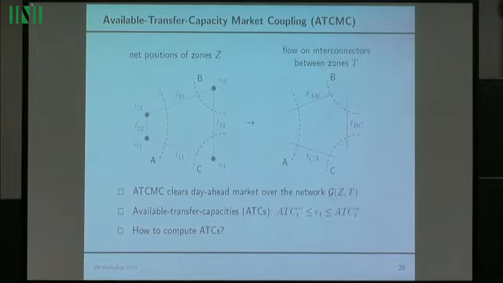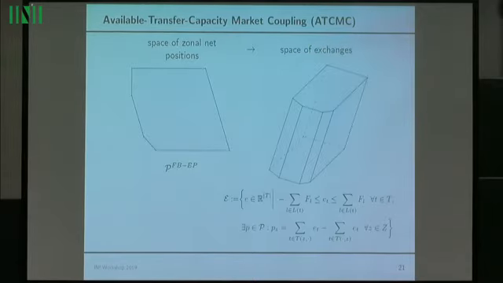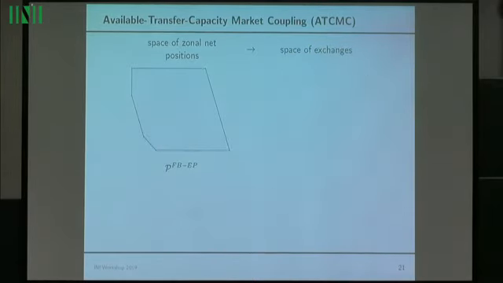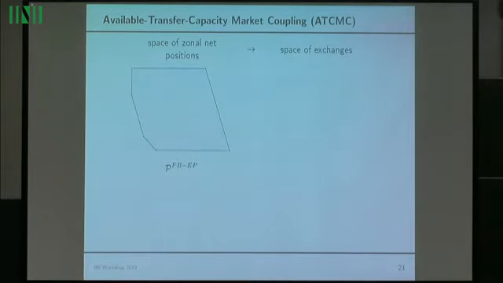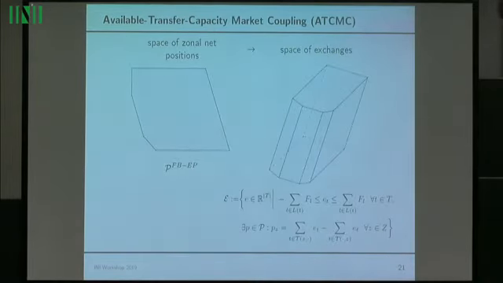So if I decide on zonal net positions, that implies this lifting over here in this higher dimensional space. So this is the admissible flow-based polytope in the space of zonal net positions. This is the admissible polytope in the space of bilateral exchanges.